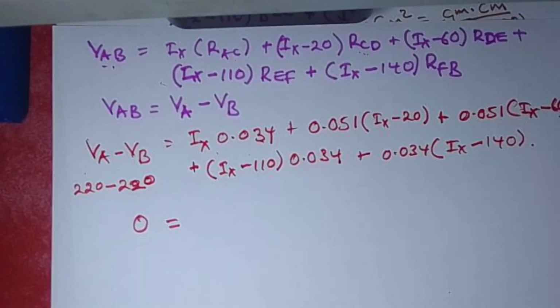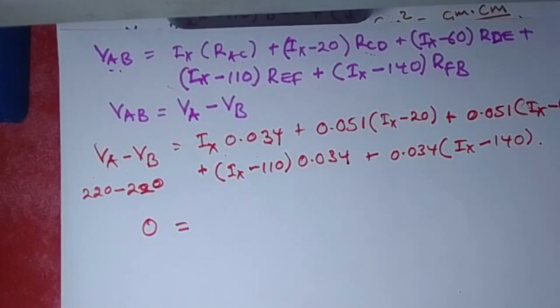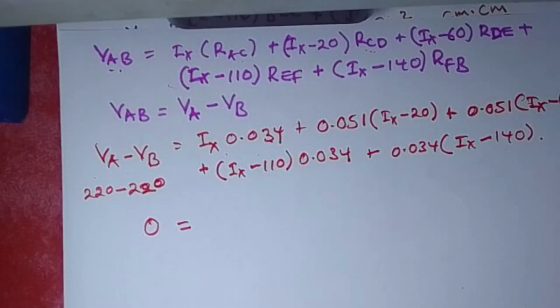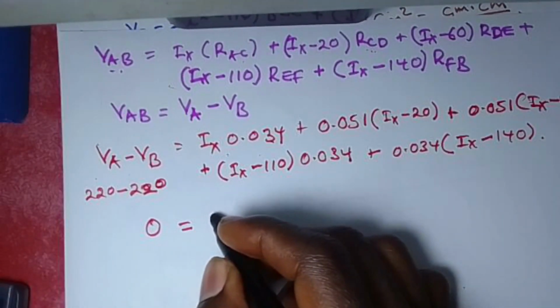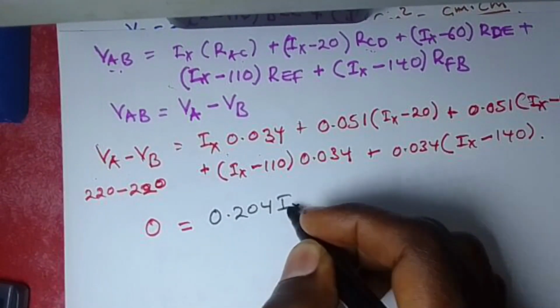The first one is Ix times 0.034, so it will be 0.034 plus 0.051 Ix plus 0.051 Ix also plus 0.034 Ix plus also 0.034 Ix. So this is giving me a total value of 0.204 Ix.